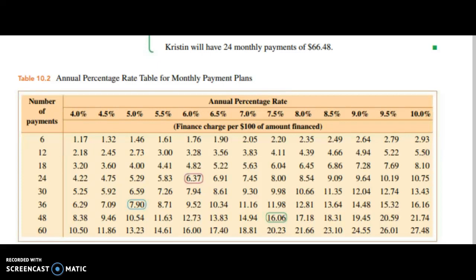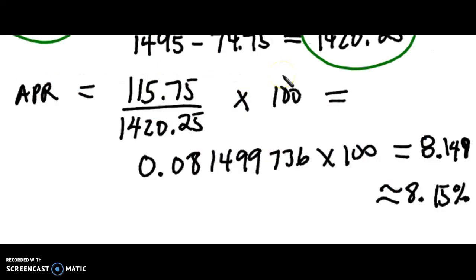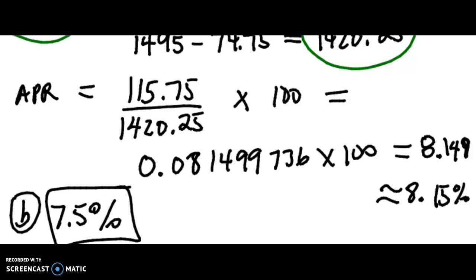Now look up. The APRs are listed in the black bold print at the top of this table. So the APR is 7.5%, which means the answer for part B is 7.5% APR.